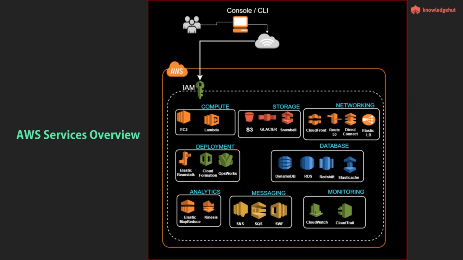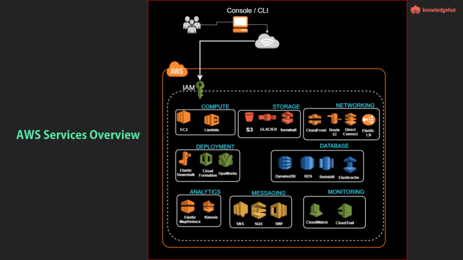There's no end to this, but these are the essential ones. If you're really looking forward to an AWS certification in architecture, developer, or sysops, these are services which you should absolutely know. I've just highlighted the ones which are key.